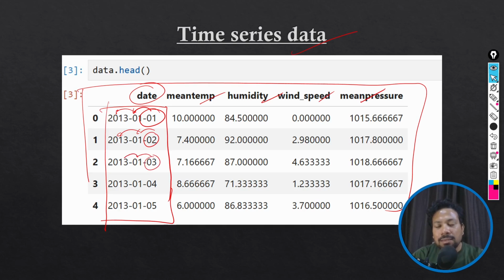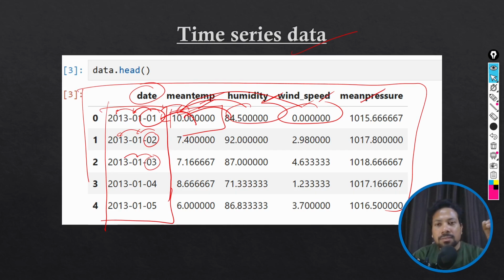So you can conclude that this date column has a structured, ordered way, and all the dates are in chronological order, from the starting of the month to the end of the month. And then all the other columns like mean temperature and humidity have information about that particular date. So it is the mean temperature for January 1st, the humidity for January 1st, the wind speed for January 1st. So all these other columns are giving us information for that particular date.